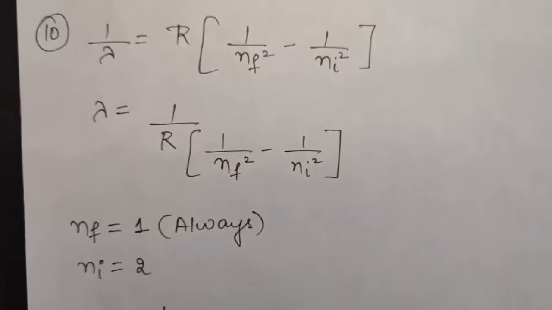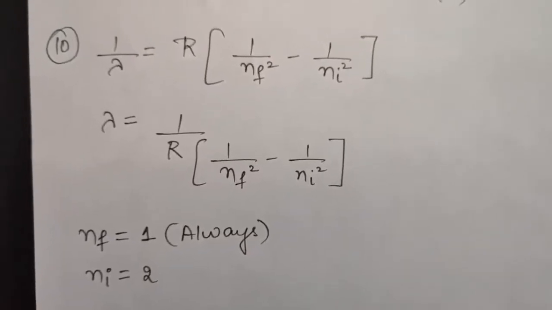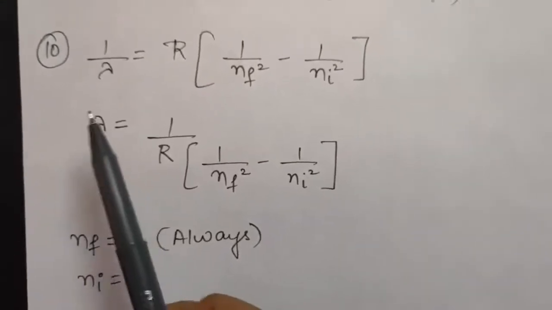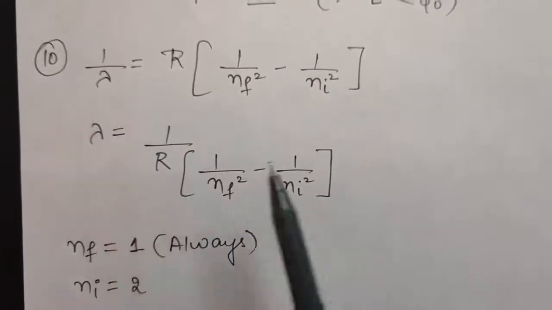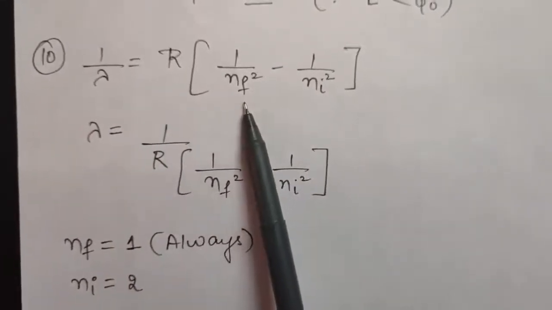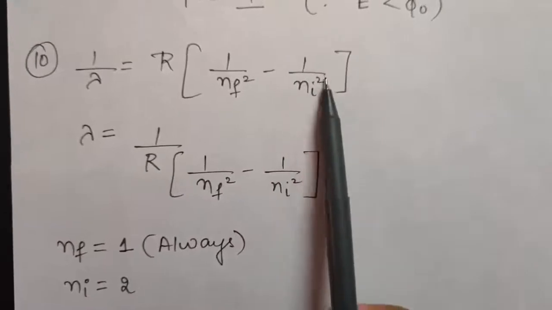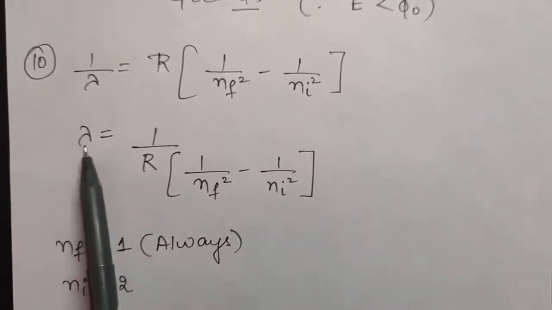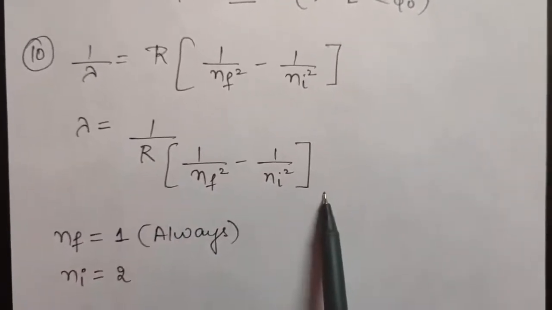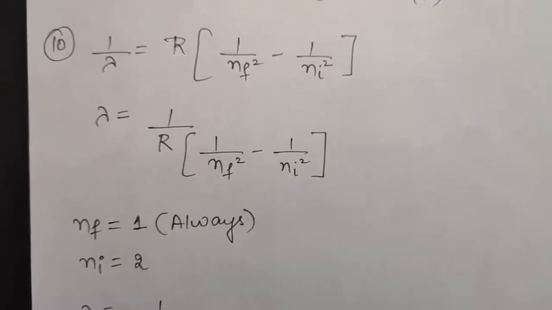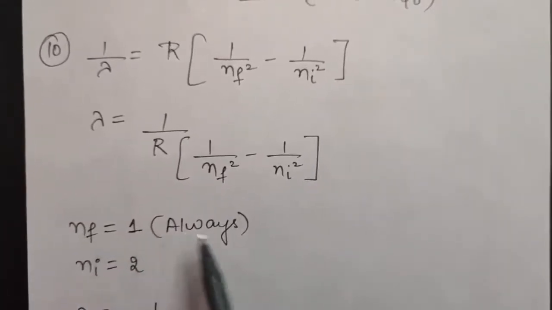In question number 10, you have to calculate the longest wavelength for Lyman series. So as you know the empirical formula, that is 1 by lambda is equal to R into 1 upon n final square minus 1 upon n initial square. From here, if you calculate lambda, that will come to be this only. Now as you know, for Lyman series, n final is always 1.